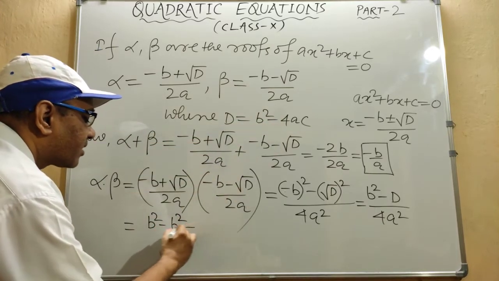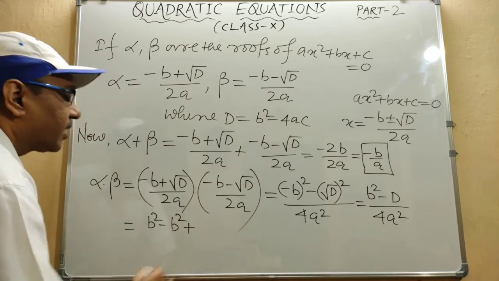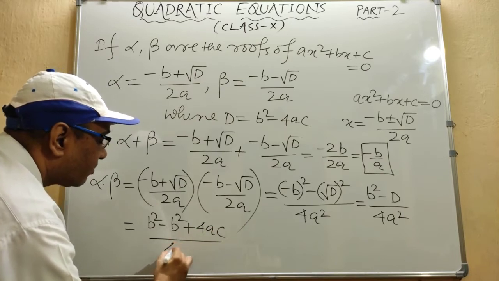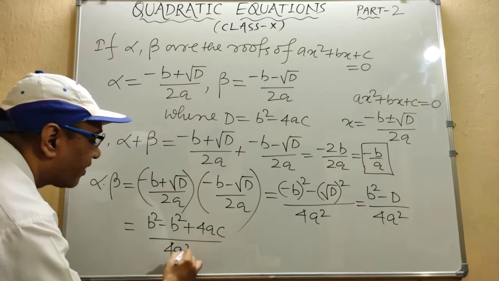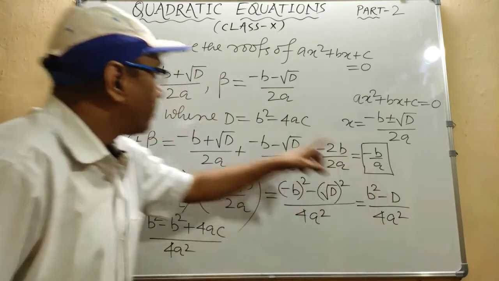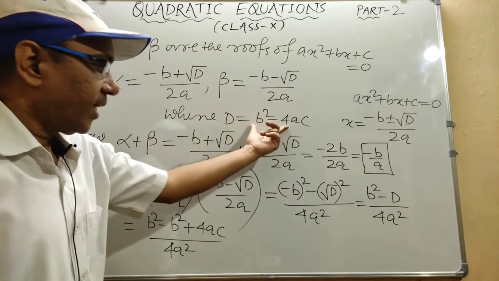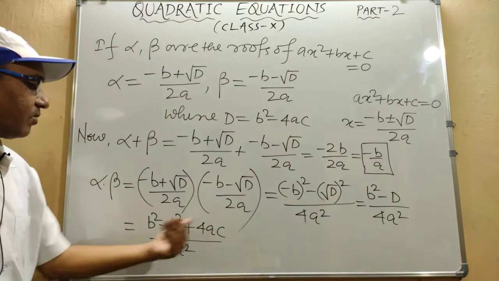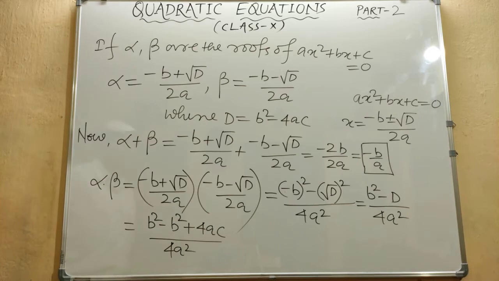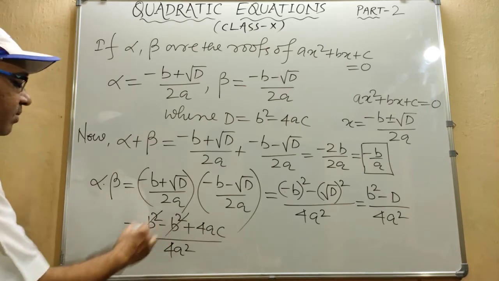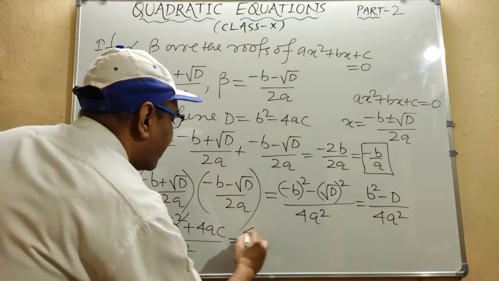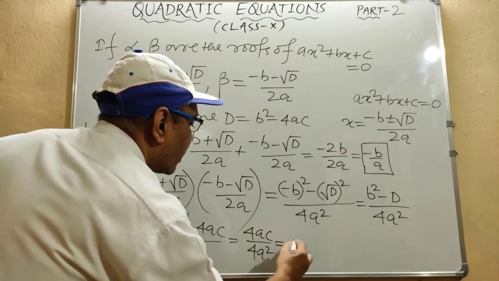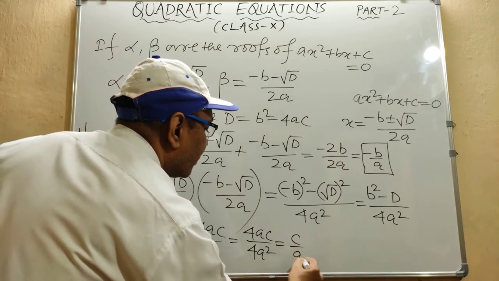So it is b square minus, in bracket, b square minus 4ac, by 4a square. We keep it in bracket because of the minus sign; if you remove the bracket, the sign changes: minus b square plus 4ac. So b square cancels and you get 4ac by 4a square. 4a cancels and you finally get c by a.